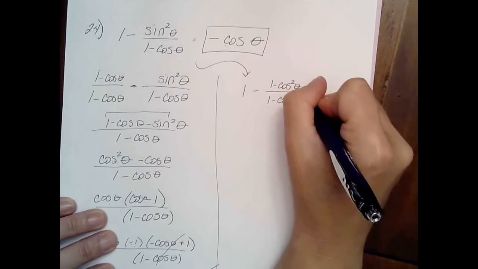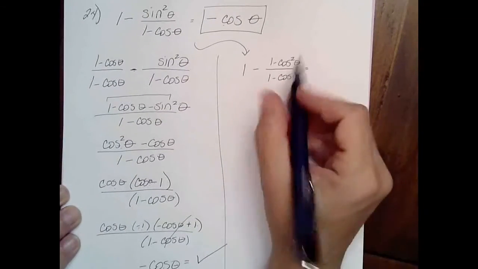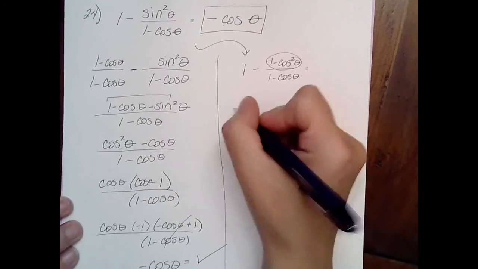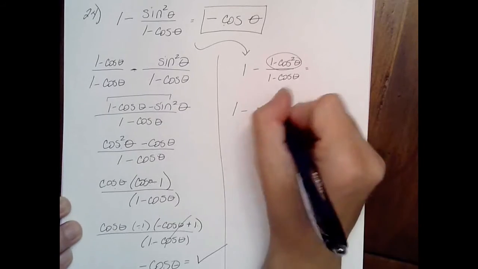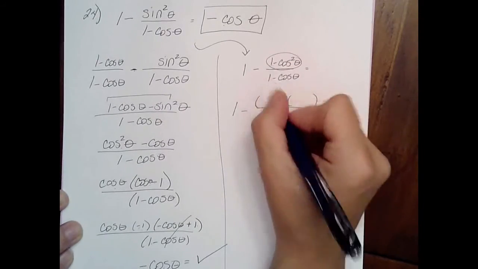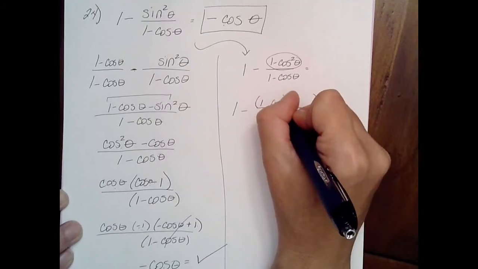Okay, so now I'm going to factor, so it's going to be 1 minus, I'm going to ignore that 1 until the very end. This is the difference of squares. So I split my 1 into 1, cosine theta, and a plus and a minus.